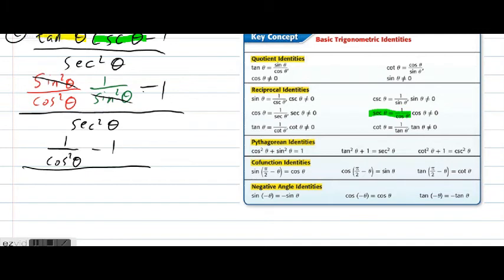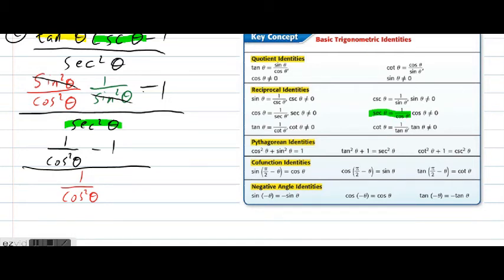So I said, let me give that a try. I have 1 over cosine squared of theta, and let me see where that leads us.